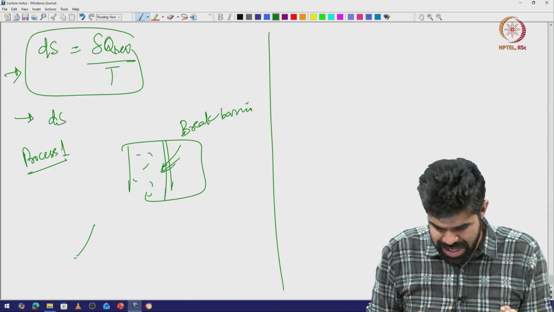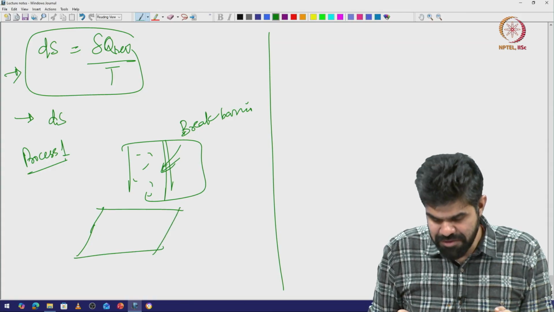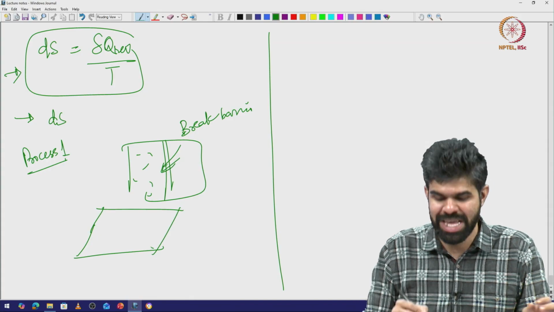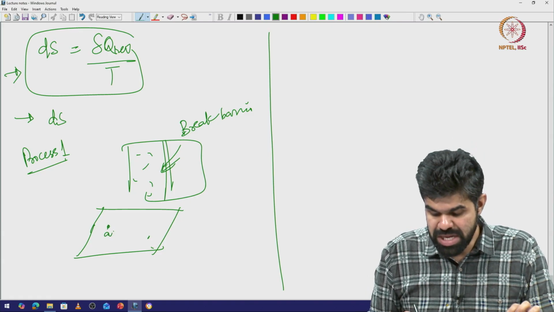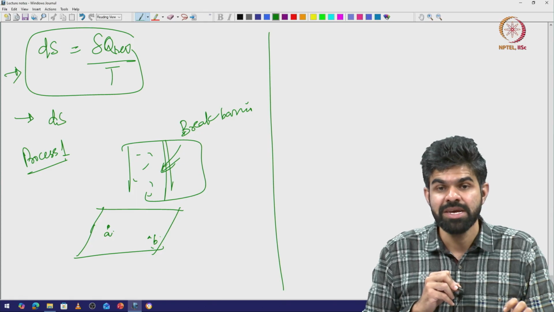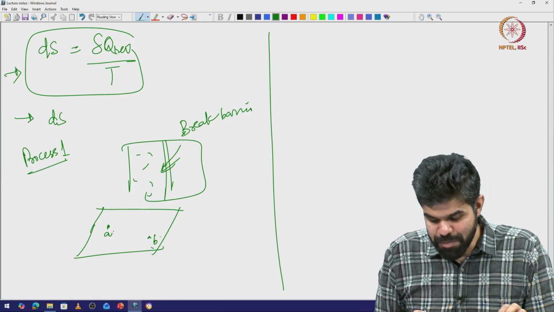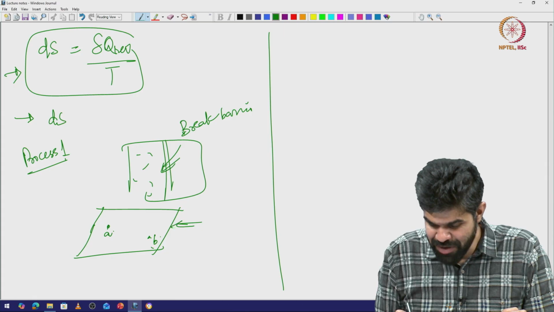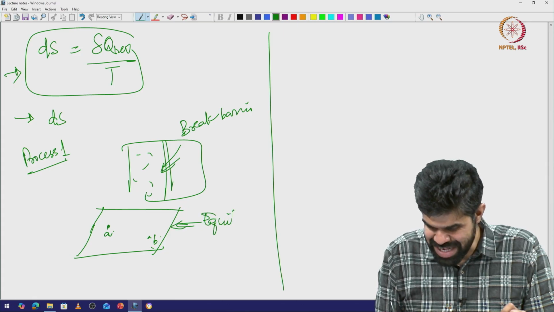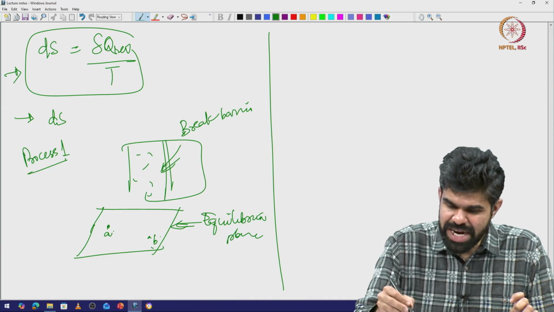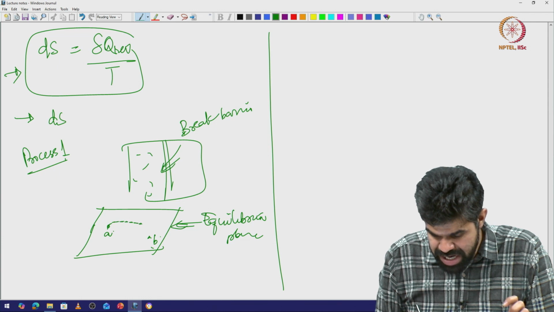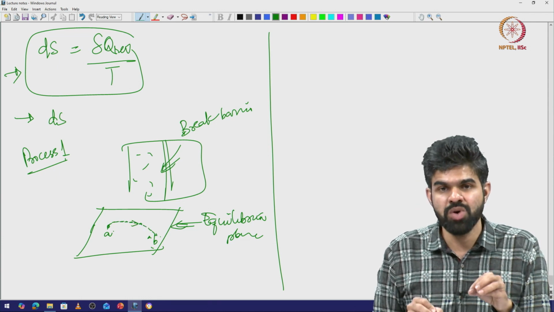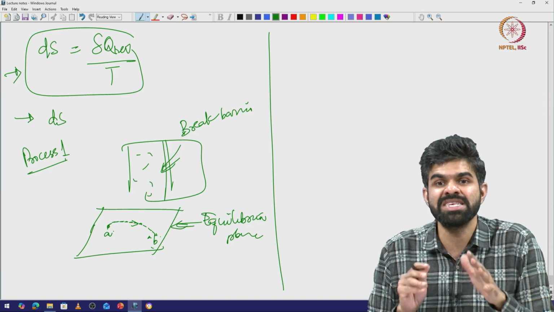So, if I define a couple of states on this what is called an equilibrium plane, my system A is here, right, it has to go to system B on this plane, right. Now, in a quasi static process, my equilibrium is actually going from state to state to state, every time I am in this equilibrium plane, right.